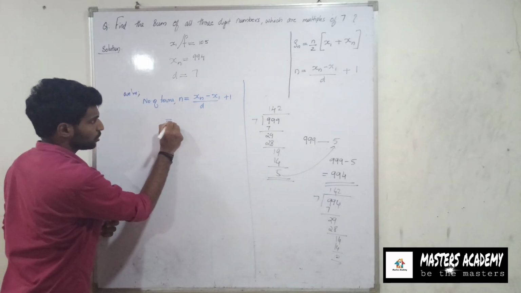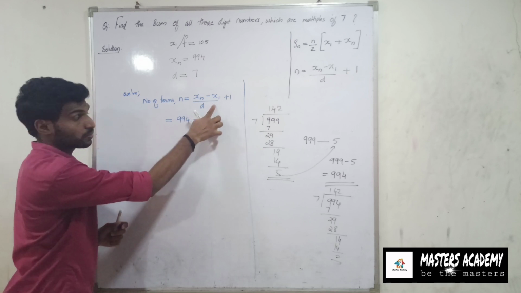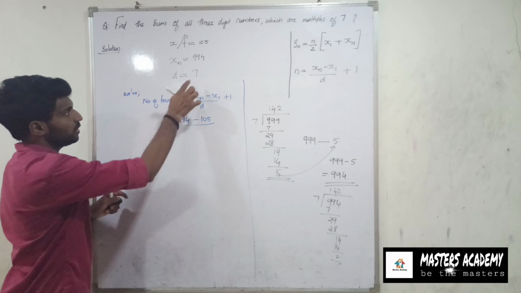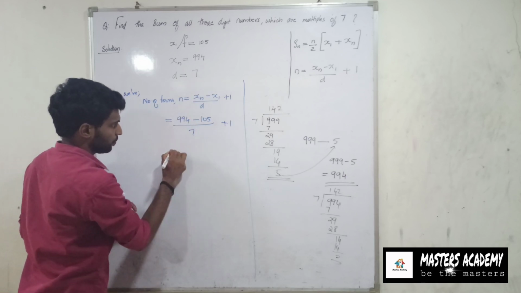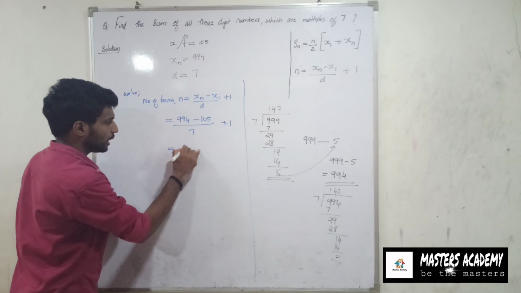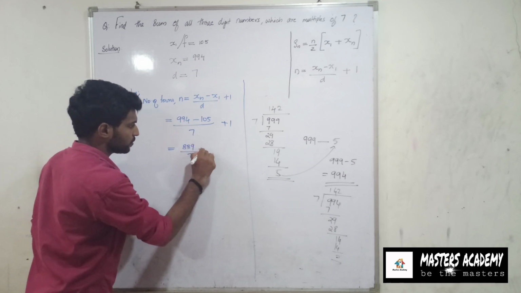Equal to xn, that is 994, minus x1, that is 105, by d, d is 7, plus 1. 994 minus 105 gives us 889 by 7 plus 1.